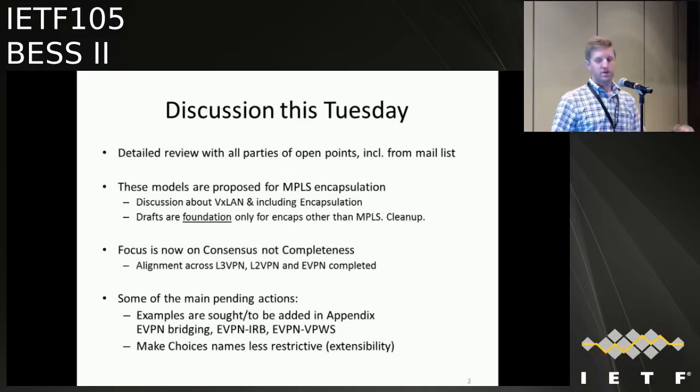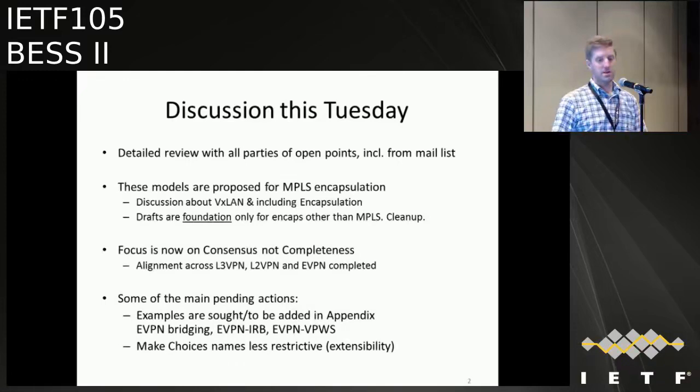Three of the major conclusions from this meeting: first of all, the models proposed use MPLS encapsulation as the de facto. What that means is there are references to, for example, VXLAN encapsulation in these YANG models. Following that discussion, the base concept is that these drafts propose essentially a foundation for encapsulations other than MPLS, but do not define them.